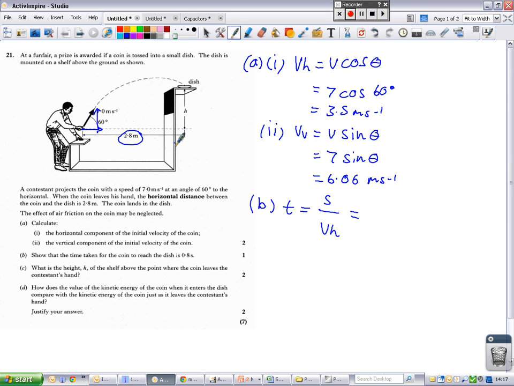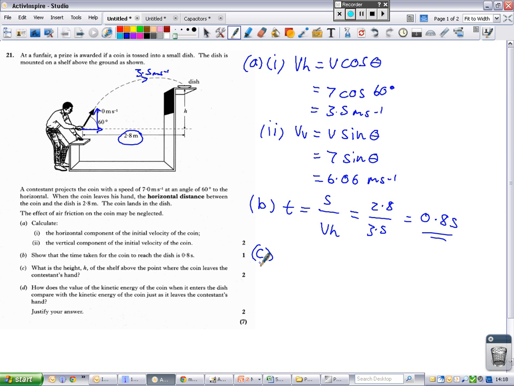It starts off at 3.5 meters per second in the horizontal direction, and it's going to be 3.5 all the way till it reaches the dish, because horizontal velocity remains constant in all projectiles. So 2.8 divided by 3.5 gives 0.8 seconds. Those questions are good because you know when you get your answer that you've got the right answer and you've got the marks.